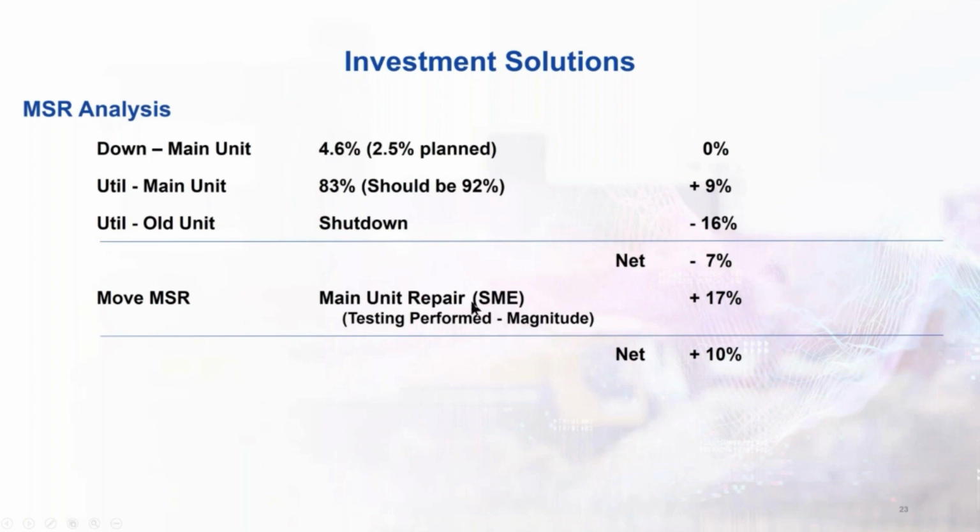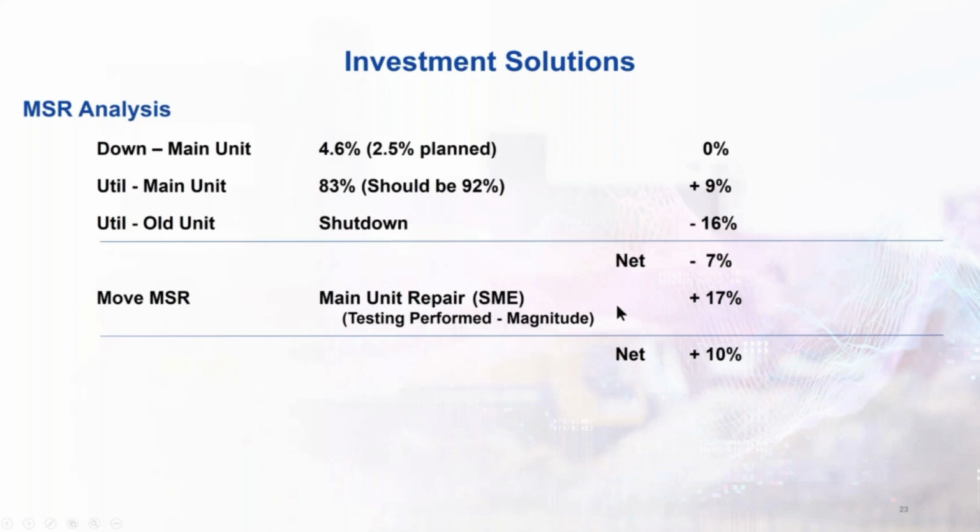So we, as an SME, looked at the issue that they were having, the part that was broken, and said, what could we do if that was fixed? Well, hey, we can get 17% capacity is the belief. Then we were able to run some tests around it to validate what was really happening, and it fit with our thinking.